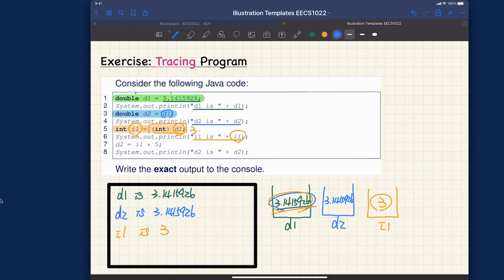Let me use pink over here. D2 is reassigned, right? You can see it's not declaring the same variable anymore. It's not a redeclaration; you just cannot do redeclaration. It's a reassignment. So what we want to do is this. You can see I1 multiplied by 5. Let's think about it. Is there any coercion happening?